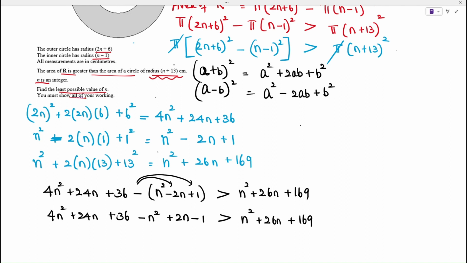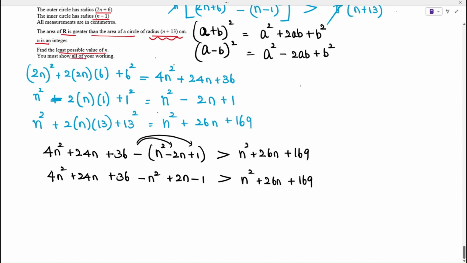Now we can simplify everything on our left-hand side. So 4n² − n² is 3n². 24n + 2n gives us 26n. And 36 − 1 gives us 35. And this is greater than n² + 26n + 169.